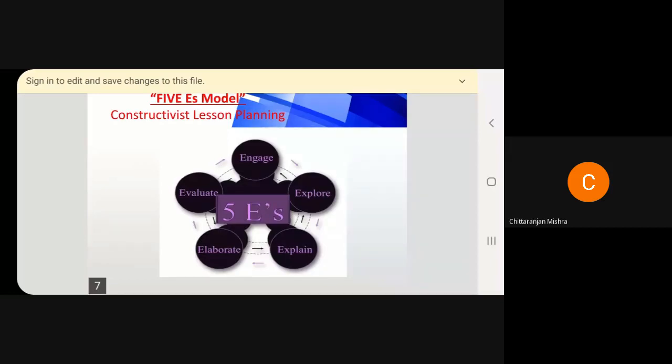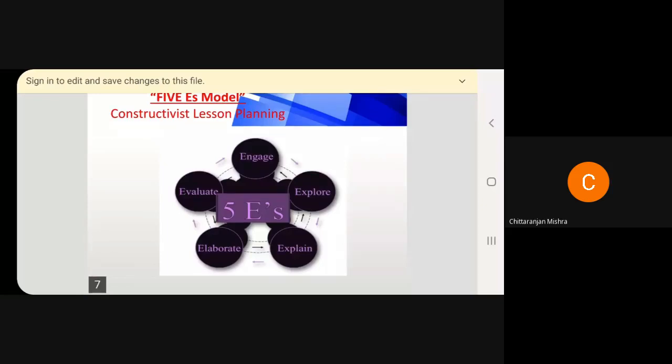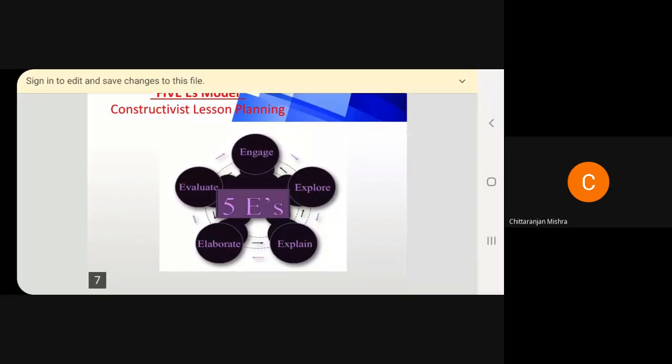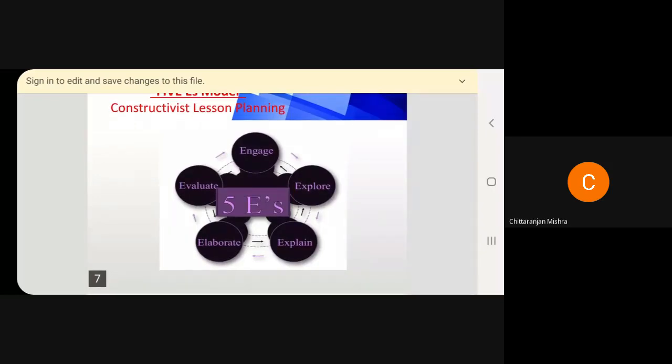As a teacher, our duty is to plan something so that we first assign some work to our children, so that they will be engaged in that and do something, and after that they will explore what topic we are going to discuss. What topic the teacher is going to teach or announce for discussion will be explored by the students. So engage will be followed by explore.